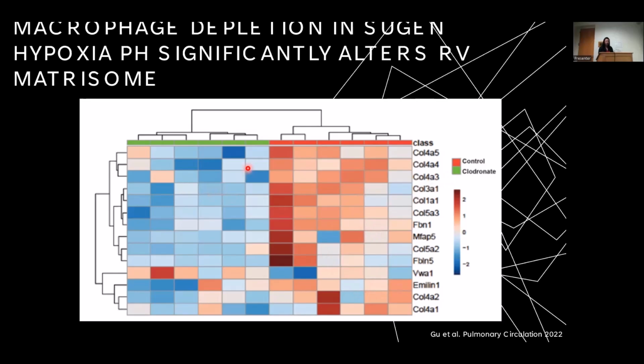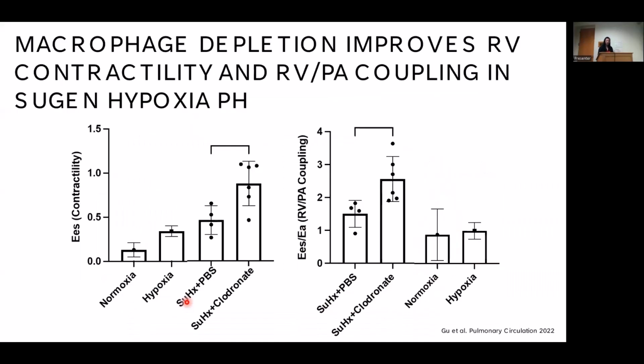Whereas in the clodronate, or macrophage-depleted, rats, the extracellular matrix compartment had much lower levels of these multiple types of collagens and fibrillins. And so, does that affect right ventricular function?